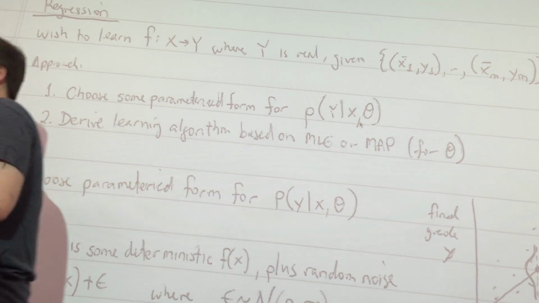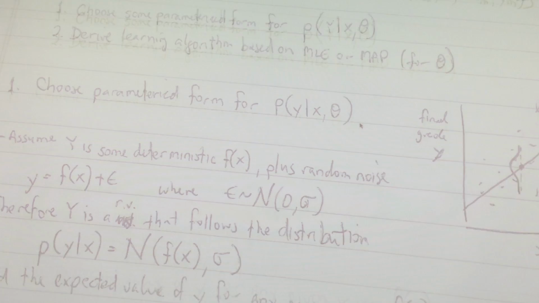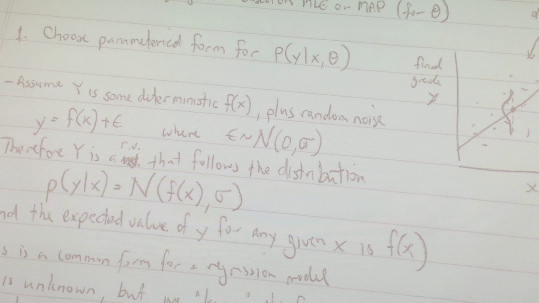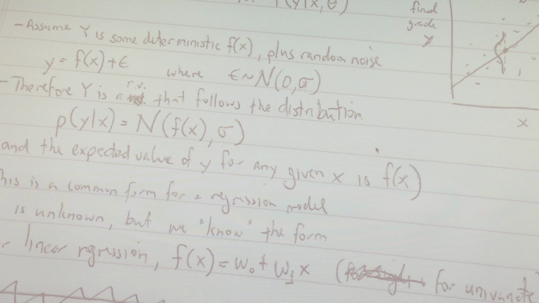Essentially it's a mapping from x to y plus some noise. As I say here, y = f(x) + epsilon, where epsilon is normally distributed, zero mean with some variance. The zero mean means it's right on the line, and the variance just means how much it slides off of it.